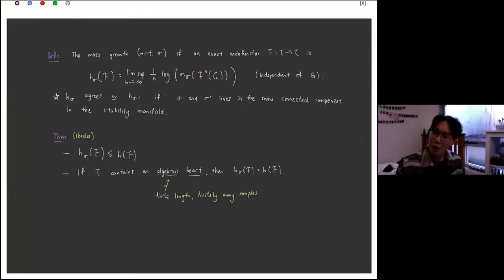Given what we know from topology, it's very natural to ask, if we have two separate notions that have some sort of analog in the categorical sense, do they actually agree? In general, it turns out that they don't, although it is true that there is always a lower bound. In particular, the mass growth, meaning the limit computed using mass instead, is always a lower bound of the entropy that we defined, meaning the one computed by the complexity.